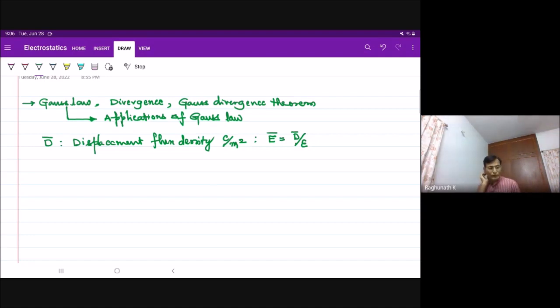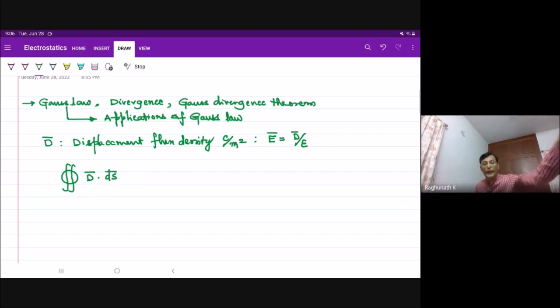Given this, we saw that the closed surface integral of D bar dot dS bar. The word statement is important.